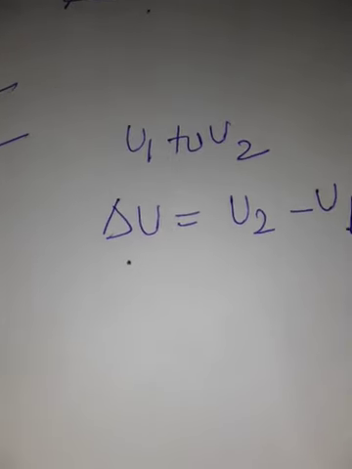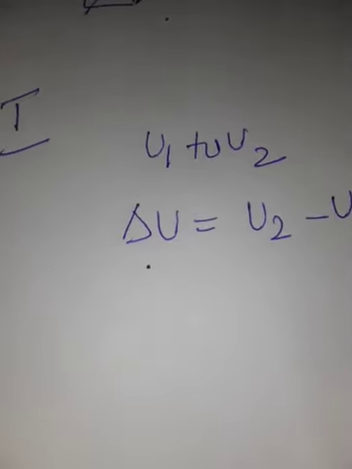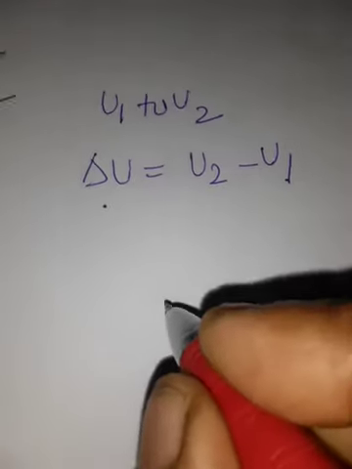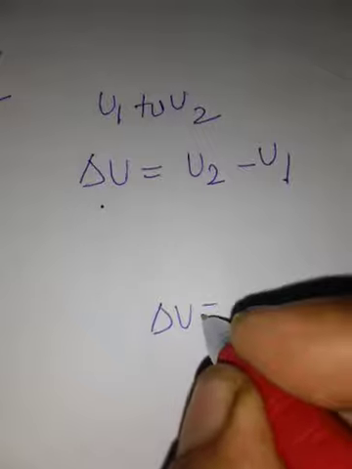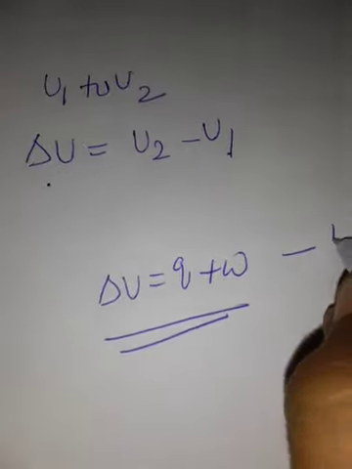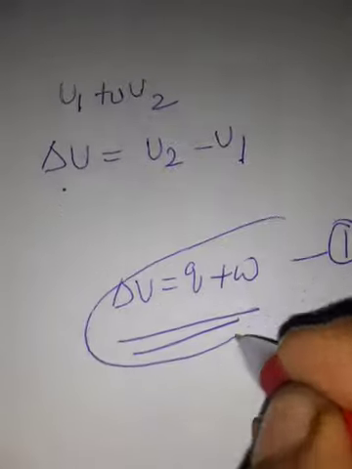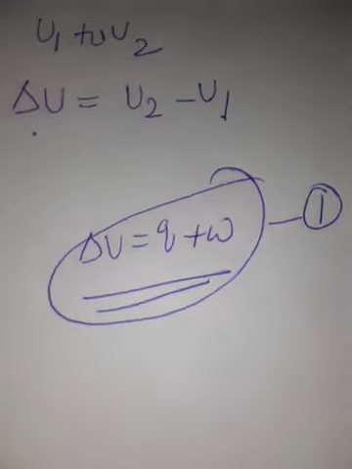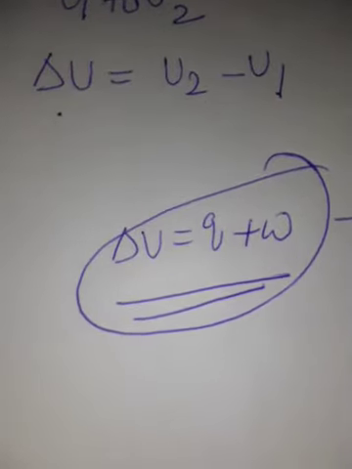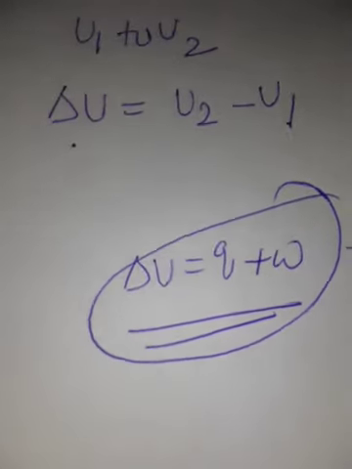Because the total energy of the system must remain constant, we can write the mathematical statement for the first law as del U is equal to Q plus W. This is the first law of thermodynamics. Here Q means the amount of heat supplied to the system, and W means the work done on the system.